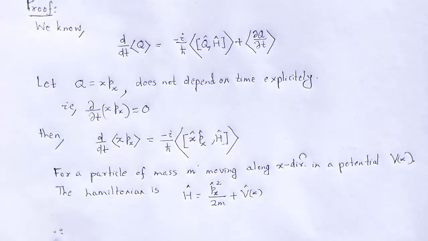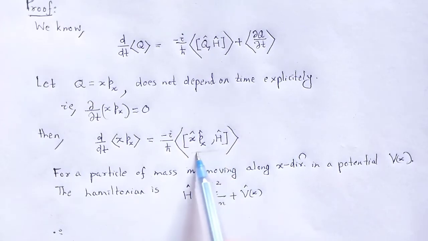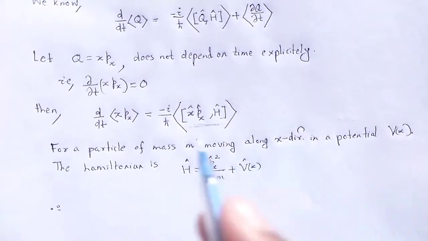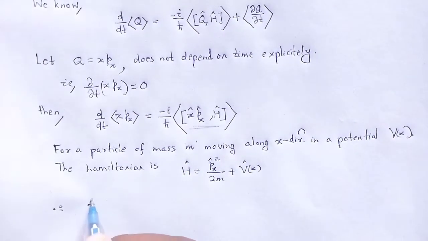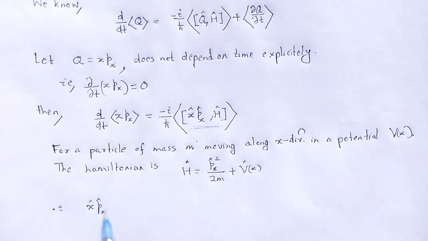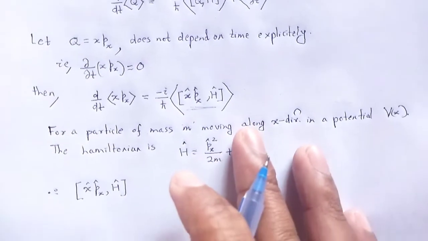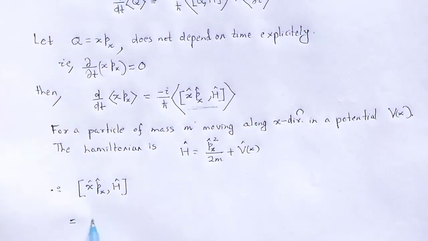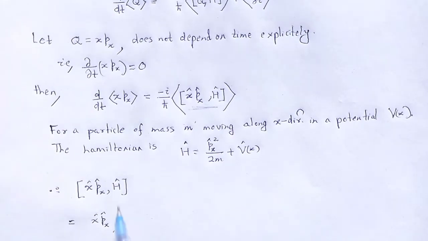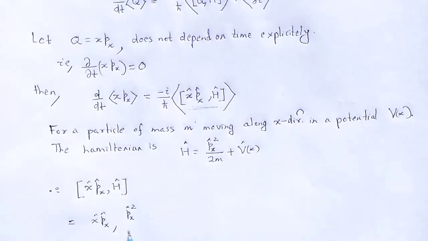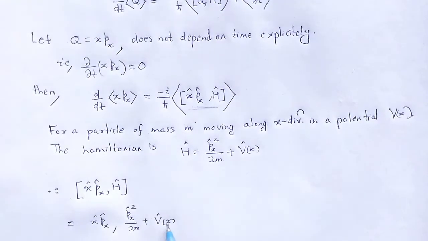Therefore, that commutator term will be expanded like this: the commutator of x cap px cap with H cap is equal to the commutator of x cap px cap with, in place of the Hamiltonian, px cap square divided by 2m plus V cap x.